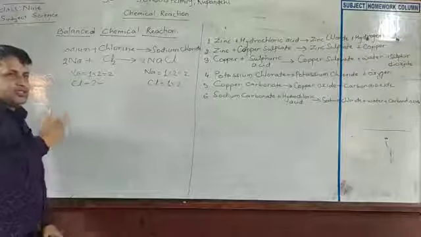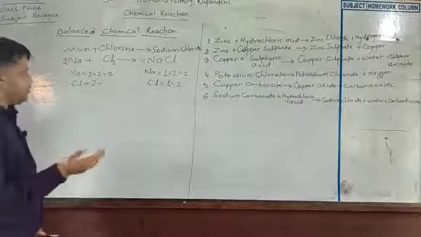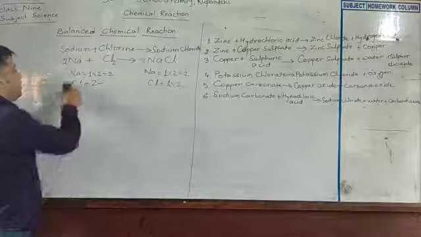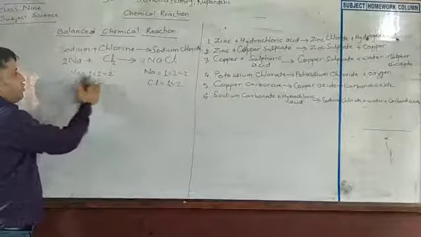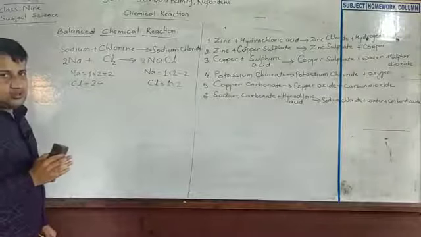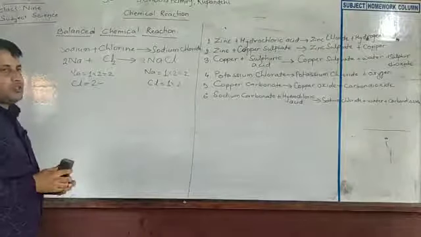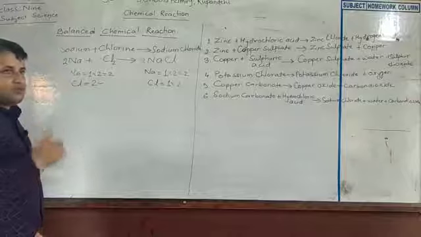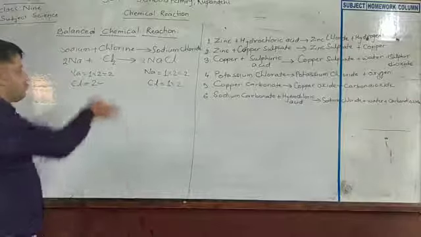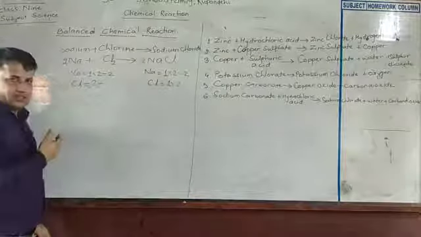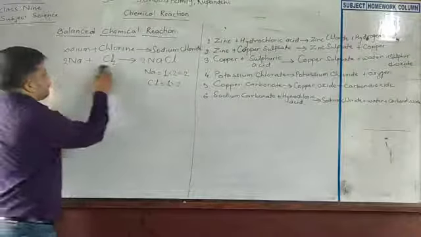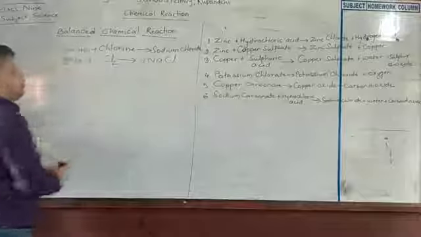That's why it is called the hit and try method. By writing the number of atoms on the product side, it is easy to do. Otherwise, once you practice, you will come to know how you can do it without writing the RHS, and if it is difficult, this method is there.